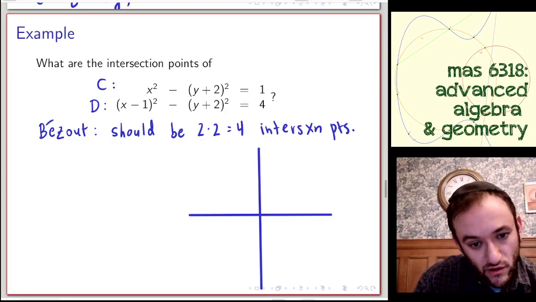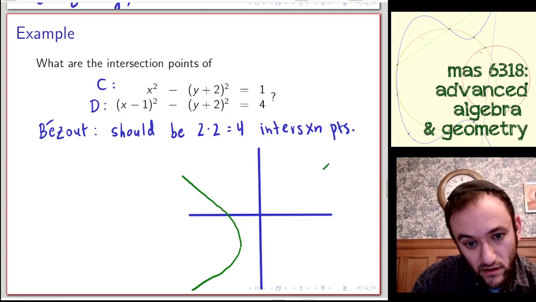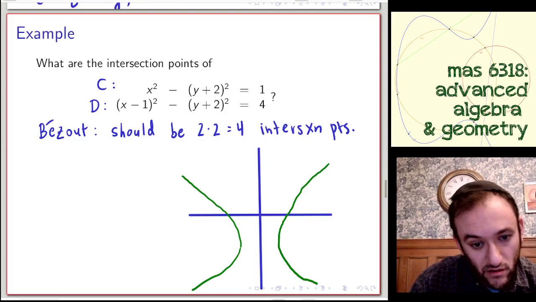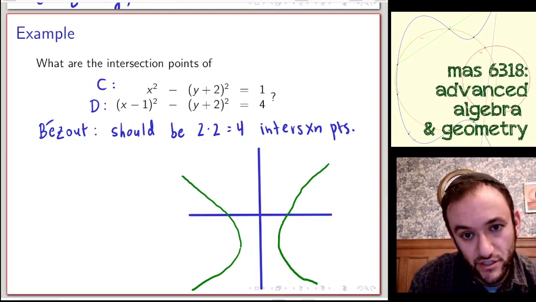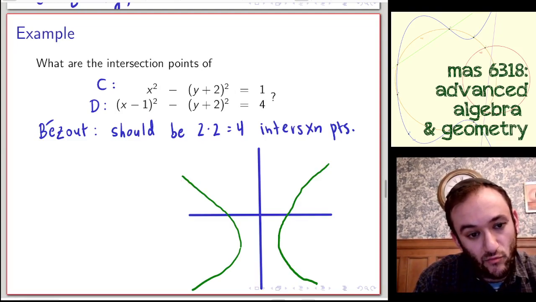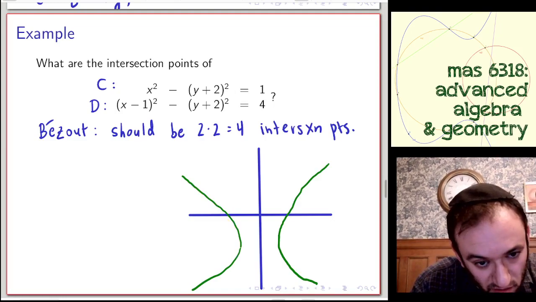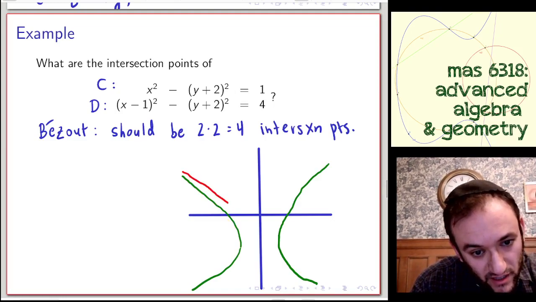Okay, so curve C, hyperbola centered at (0, minus 2). Apologies for the quality of my drawing. And curve D is centered at (1, minus 2), but it's stretched out a bit so that you get this. Let's see if I can do this a little better. Oh, it should be like this.